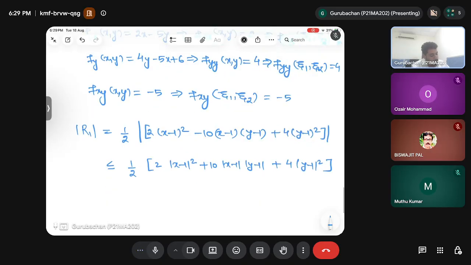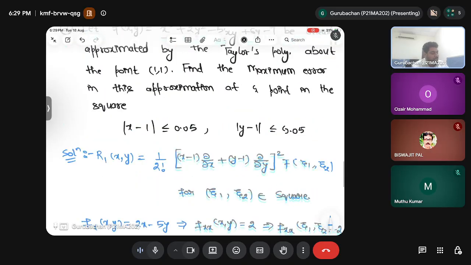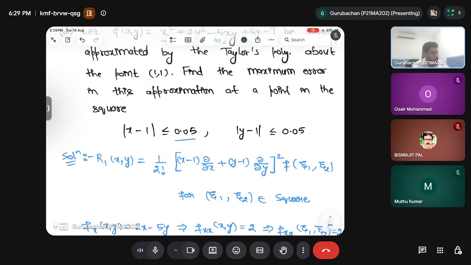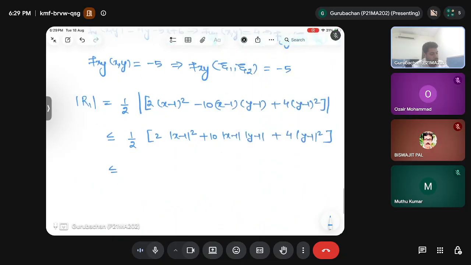So from the given square, you know that mod (x minus 1) is bounded by 0.05 and mod (y minus 1) is also bounded by 0.05. So we may substitute these values. So this will be 2 times 0.05 square plus again 0.05 square, equal to 1 by 2, 0.05 square.